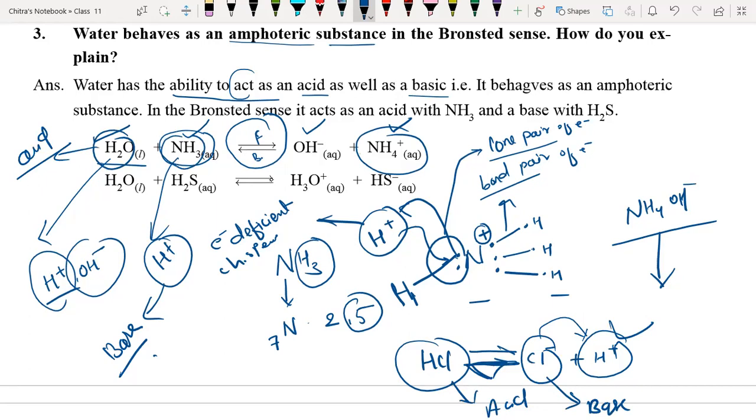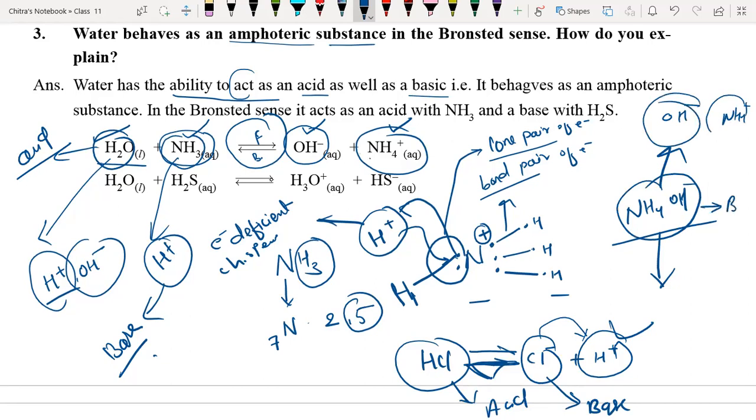Here we have the ammonium H positive ion, and here we have OH negative ion. It is nothing but ammonium hydroxide, and that ammonium hydroxide again dissociates to form OH negative ion and NH4 positive ion. So that ammonium hydroxide is going to lose H positive ion. That's why it is acting as a base. So here again we have a Bronsted acid and base pair.